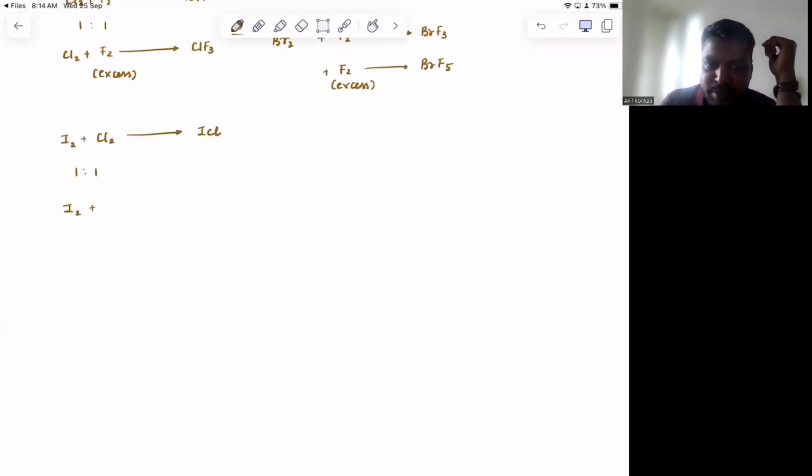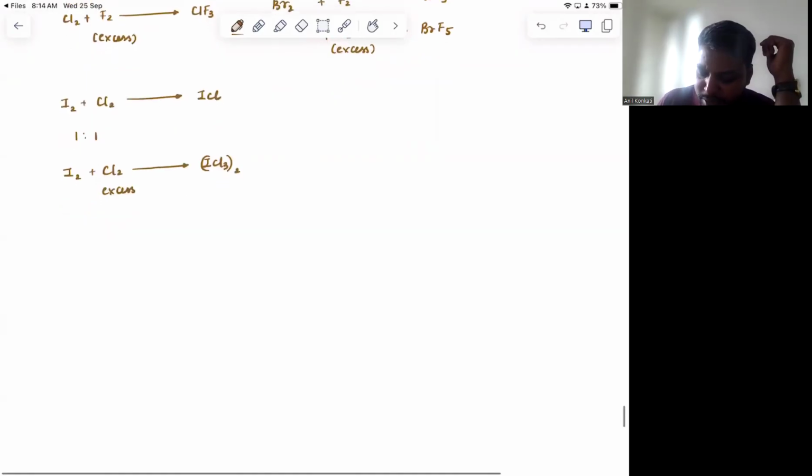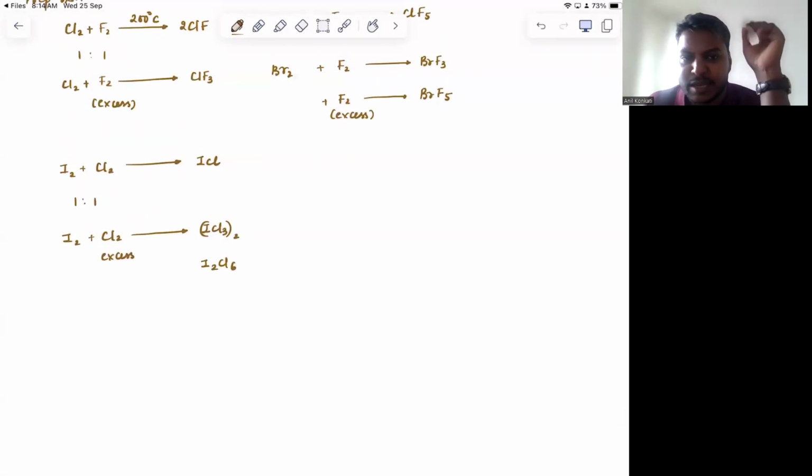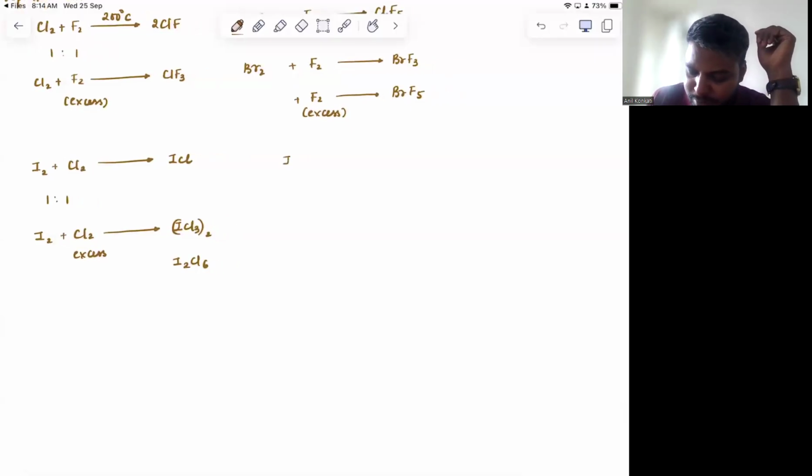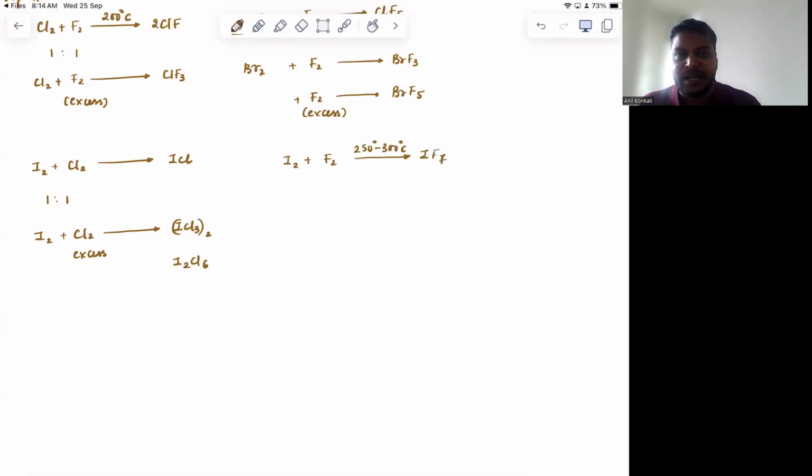If I2 plus excess Cl2 is given, then it will form ICl3 twice, basically I2Cl6. It will always exist as a dimer. I2 plus F2, if you keep it around 250 to 300 degrees centigrade, then it will become IF7. So IF7 would always form at higher temperatures.